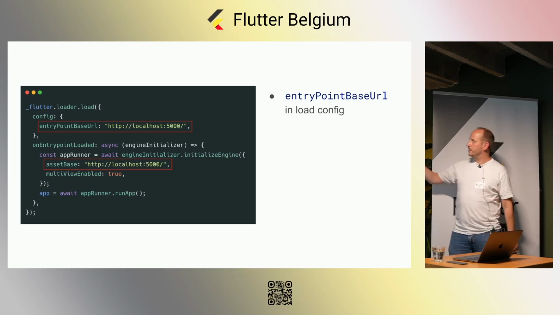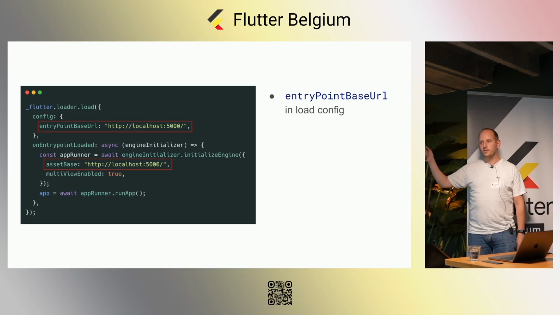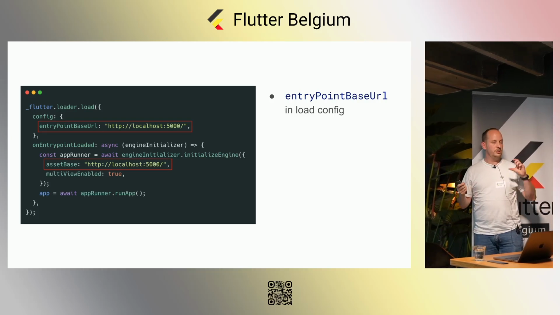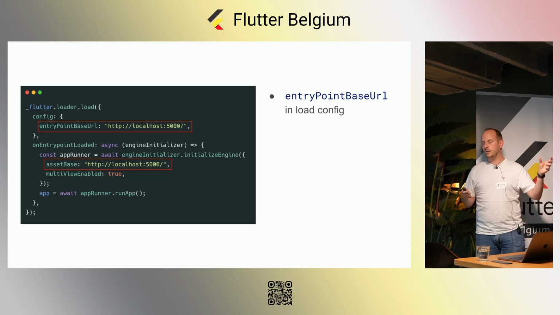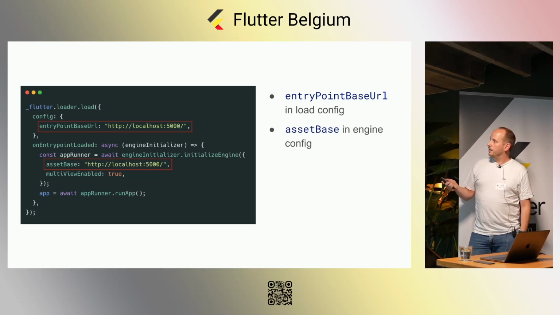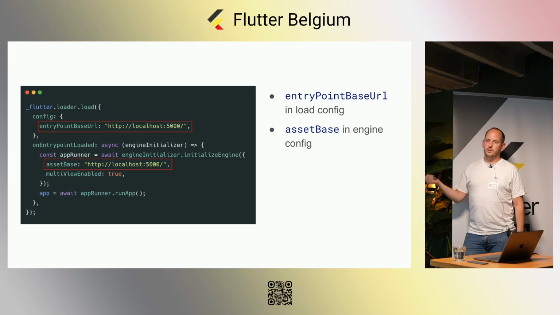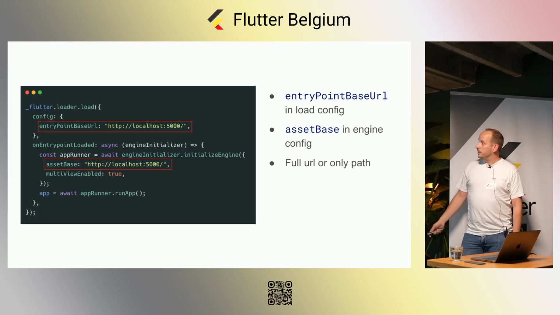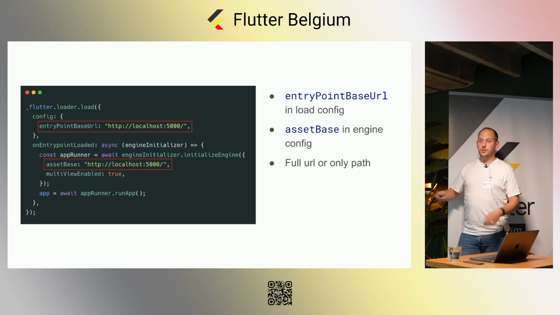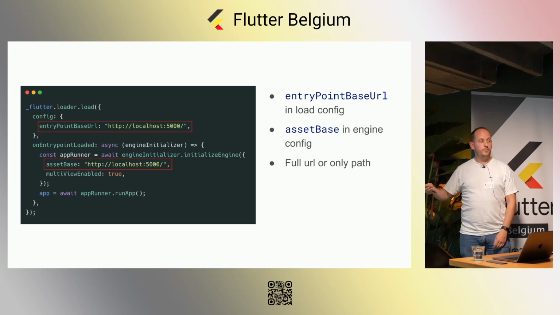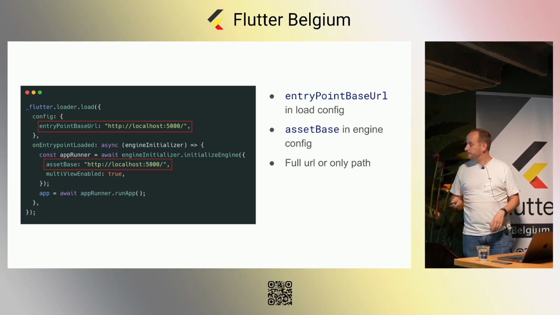We just need to add these URLs in 2 different places. So we need to add an entry point base URL so that it knows where it should fetch the main.dart file. And then for our assets, we have to do the same, if we're hosting the assets in the same place at least. These could be complete URLs, but it could also just be a path if it's all running on the same domain.